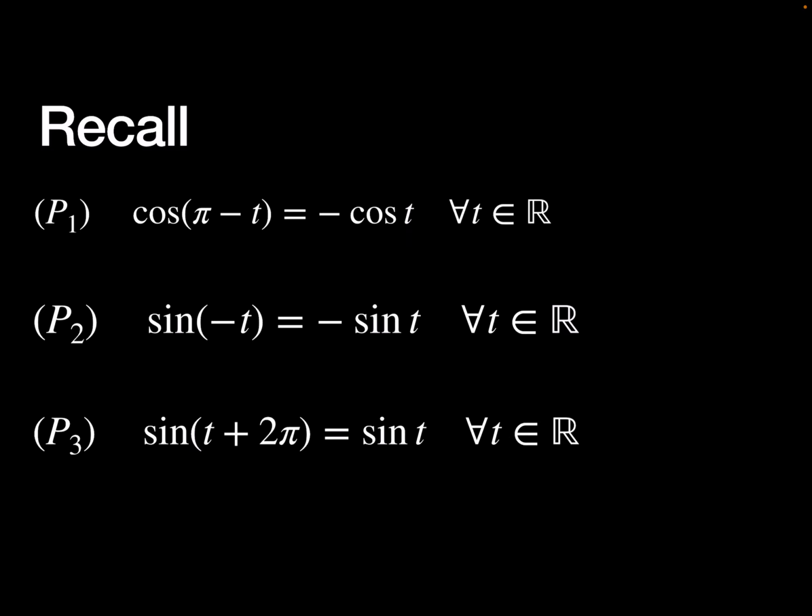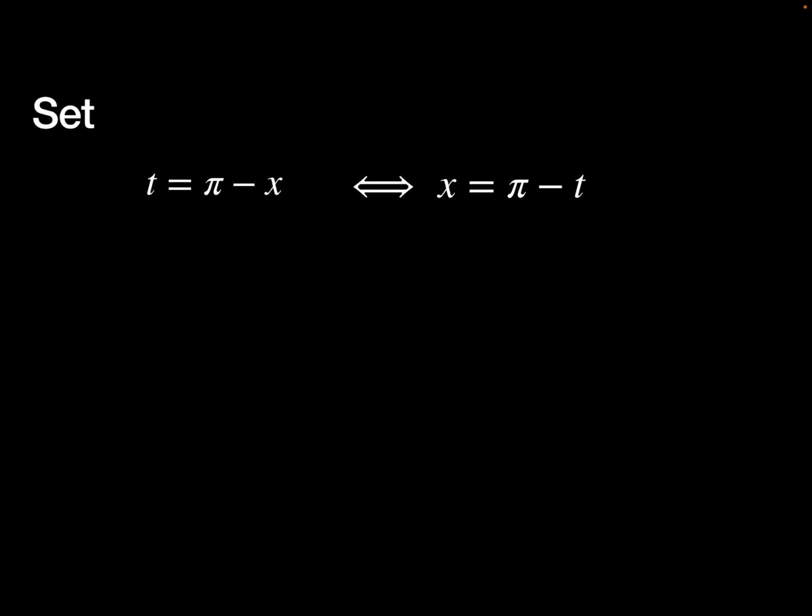Okay, now let's compute the first integral. We're going to use a change of variable. We're going to say that t is equal to pi minus x, or equivalently that x is equal to pi minus t.